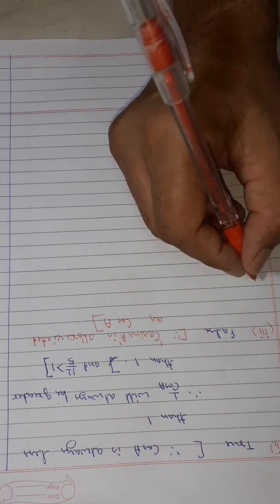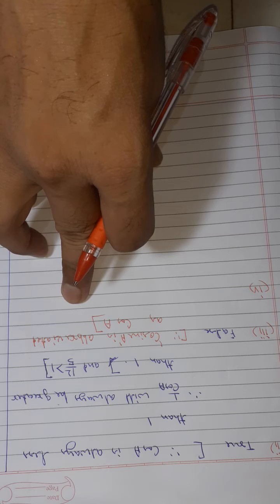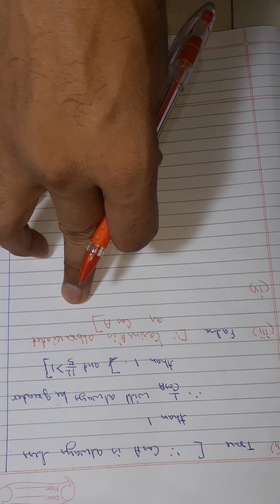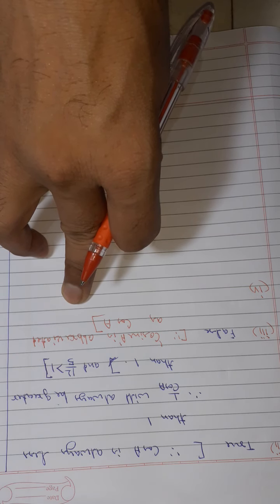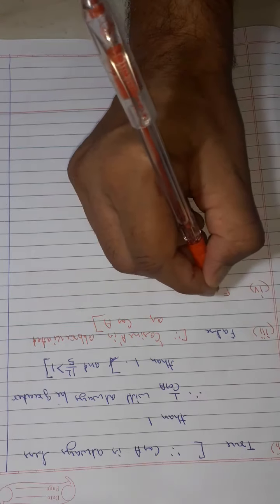Come to question number 4. Cot A is the product of cot and A. It is false; this is also false.